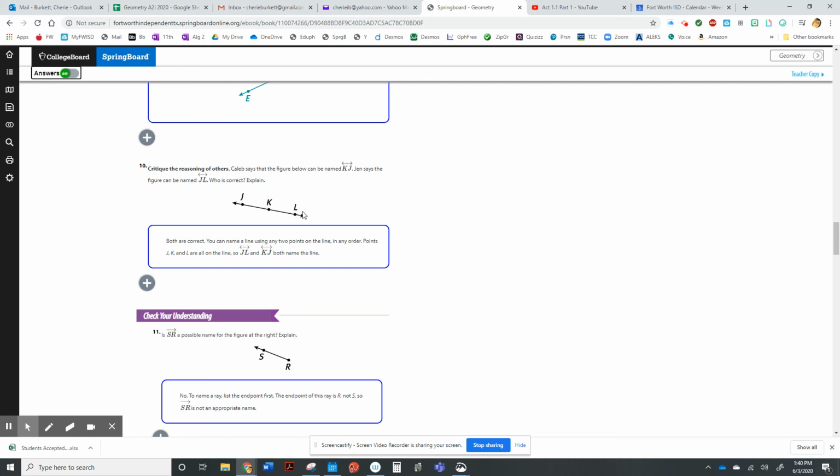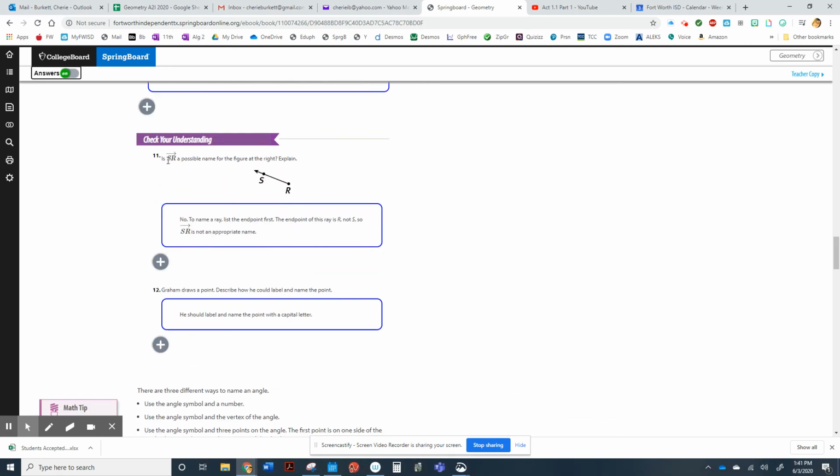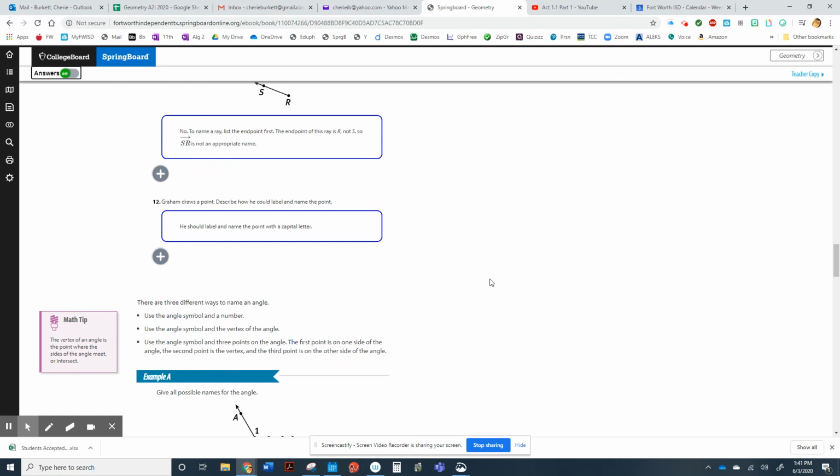So it doesn't matter which 2 letters, J and L or K and L or J and K, any 2 letters, and you can put them in any order. Is ray SR a possible name for this? No, it's not. Why? Because this picture shows R as the endpoint. So you must have R to be the first letter. So this is ray RS, not ray SR.